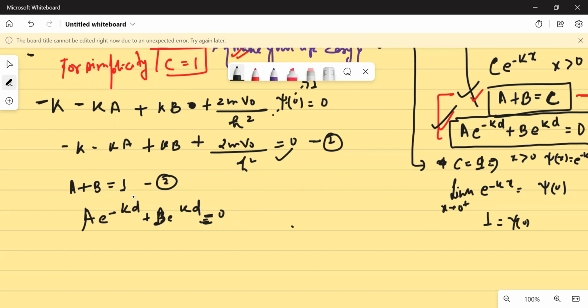So you have 3 things: a plus b equal to 1, then a e to the power minus kd plus b e to the power kd as 0, and then you have this term. Let's simplify it a bit. So this will become, I think, minus ka plus kb. What I can do is a plus b equal to 1, so a is equal to 1 minus b.